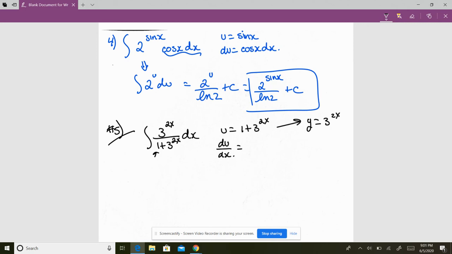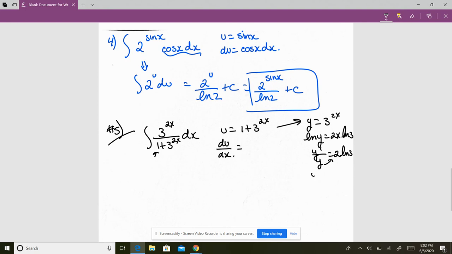If you remember from the last lesson, to derive this, I natural log both sides. And then y prime over y is equal to 2 natural log of 3 times the derivative of x, which is 1. Sorry, people. So it's just 2 natural log of 3.